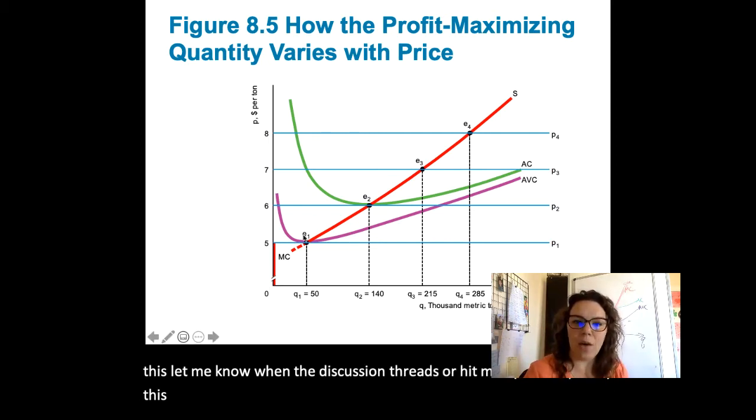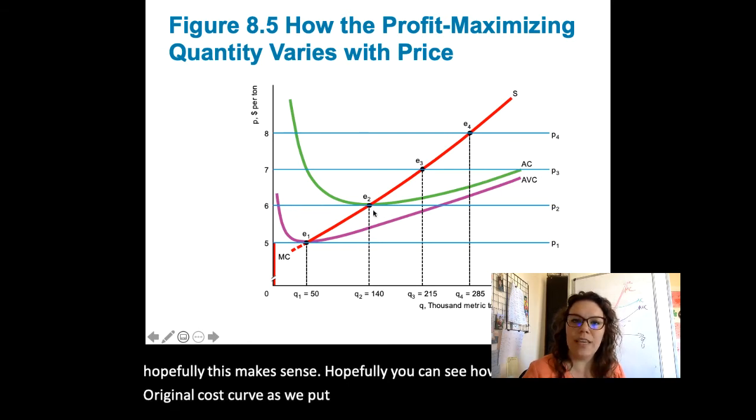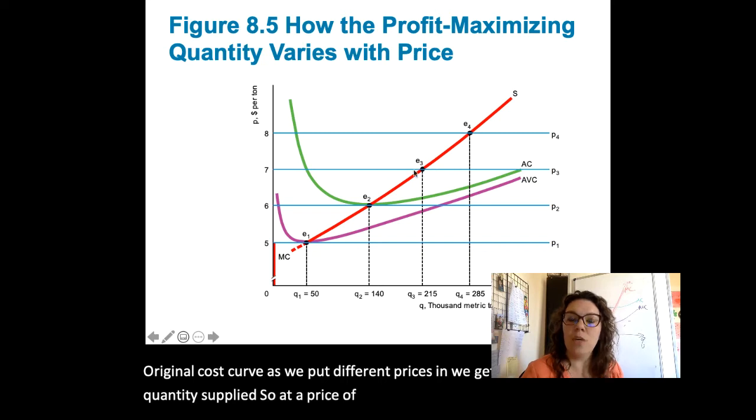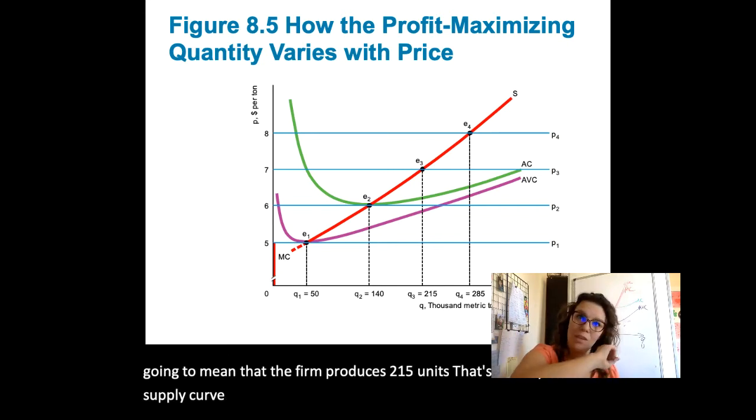Hopefully you can see how this marginal cost curve, as we put different prices in, we get different quantities supplied. So at a price of $7, the new equilibrium here, E3, is going to mean that the firm produces 215 units. That's literally what a supply curve says, how quantity supplied changes when price changes.